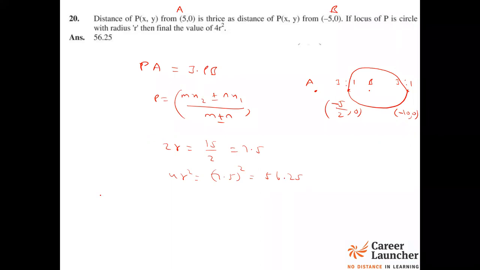So the next one. Four numbers whose sum is 65/12 are in GP. Let us consider the four numbers as A, AR, AR square and AR cube.